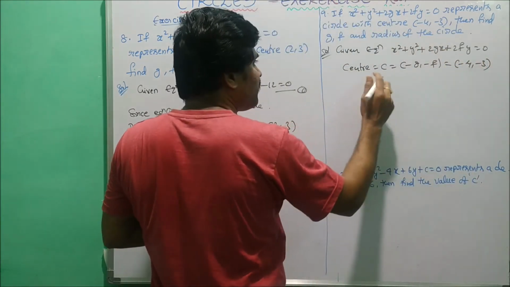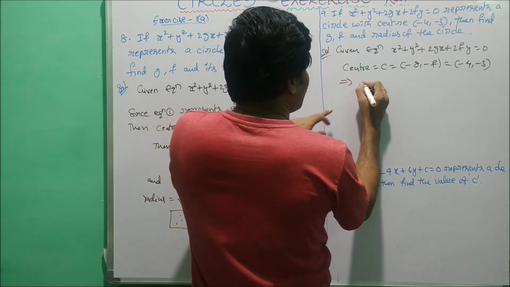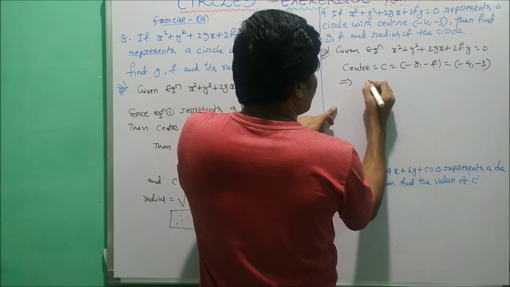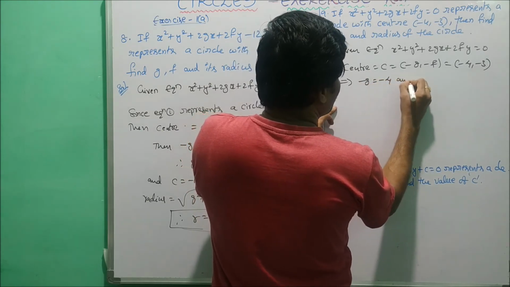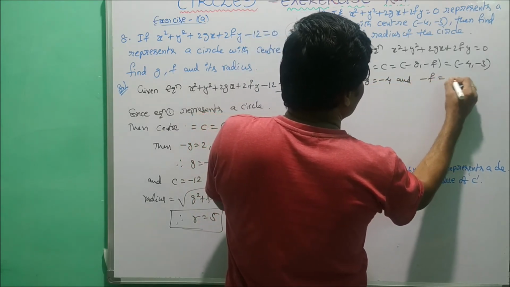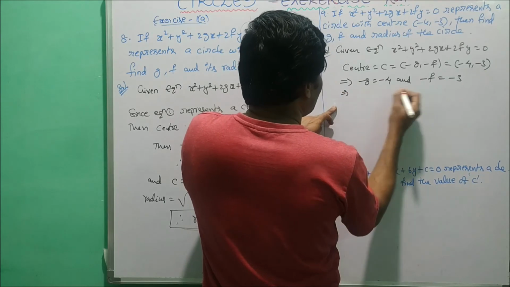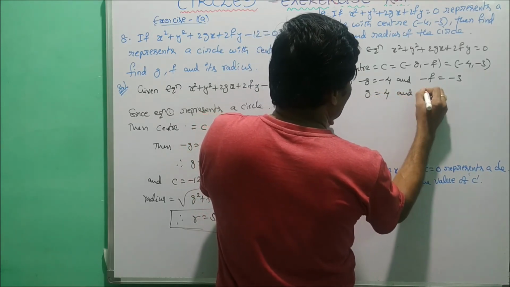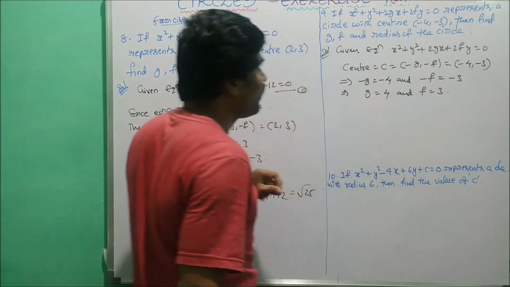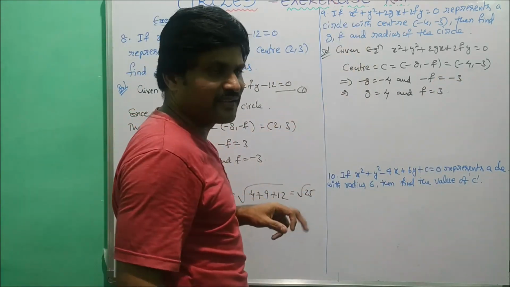Now equating these two centers, equating corresponding components, minus g equals minus 4 and minus f equals minus 3. From these two equations, the value of g is 4 and the value of f equals 3. And also find the radius.